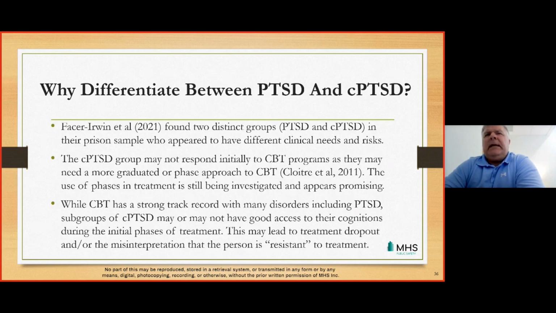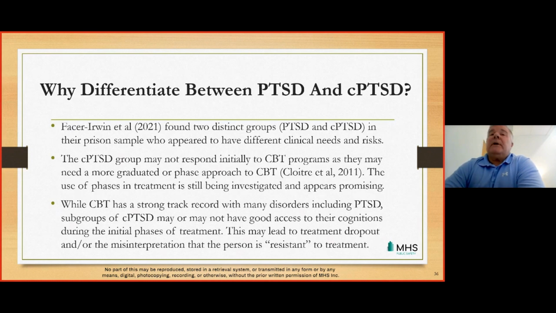In other words, they may need some neuroregulatory interventions first, which teach them to calm down, using physical approaches like perhaps yoga or other ways to lower the overactive amygdala.